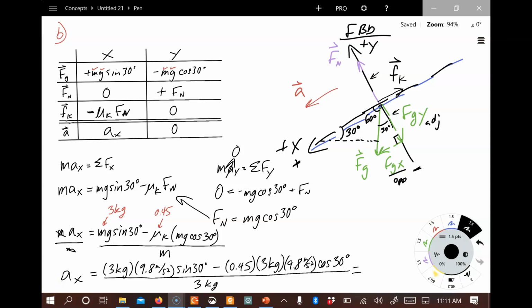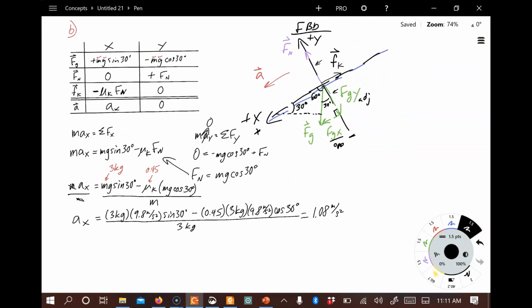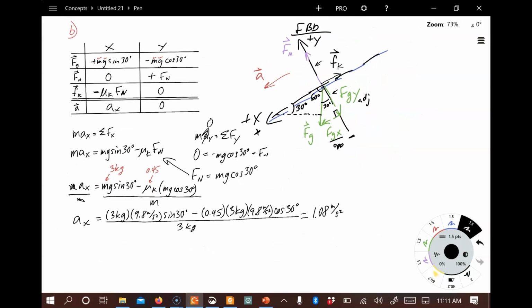So I looked, the mass is 3 kilograms, the coefficient of kinetic friction is 0.45, put in all our numbers, enter into the calculator, and we get a value of about 1.08 meters per second squared. And if we want to get the magnitude of that acceleration, of course, we know ay is 0, so the magnitude of the acceleration is just going to be the absolute value of the other component, the non-zero component. And so we end up with the answer here.